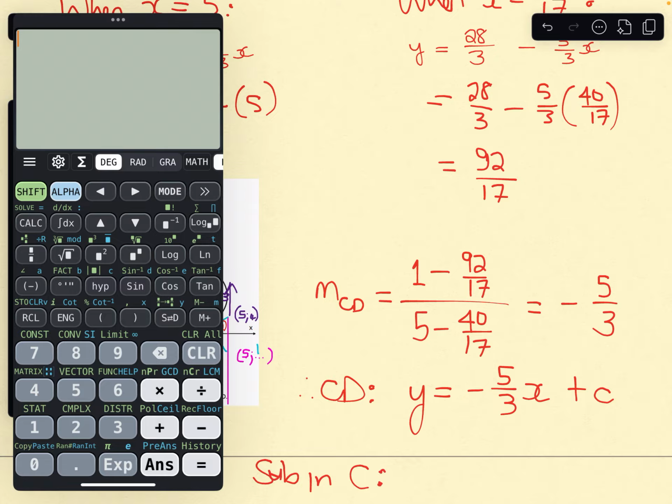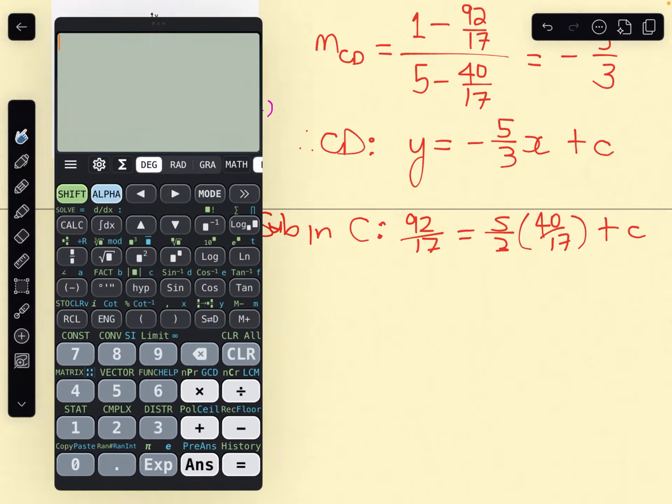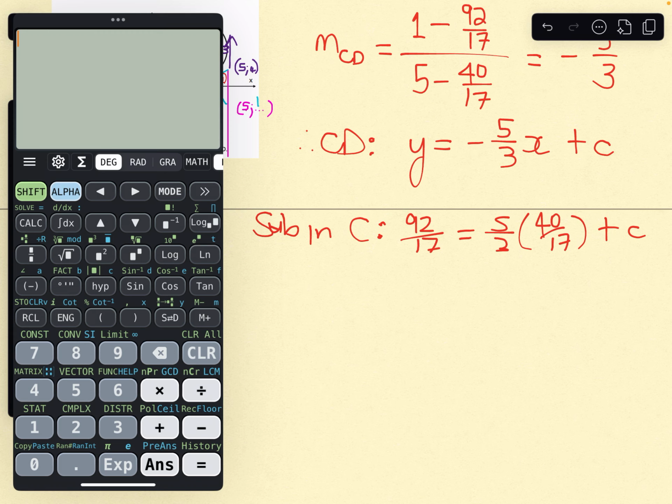So we know that y is equal to 92 over 17, x is equal to 40 over 17. Right, so we have 92 over 17 equals minus 5 over 3 times 40 over 17 plus c. So we can add the 5 over 3 times 40 over 17 on this side.